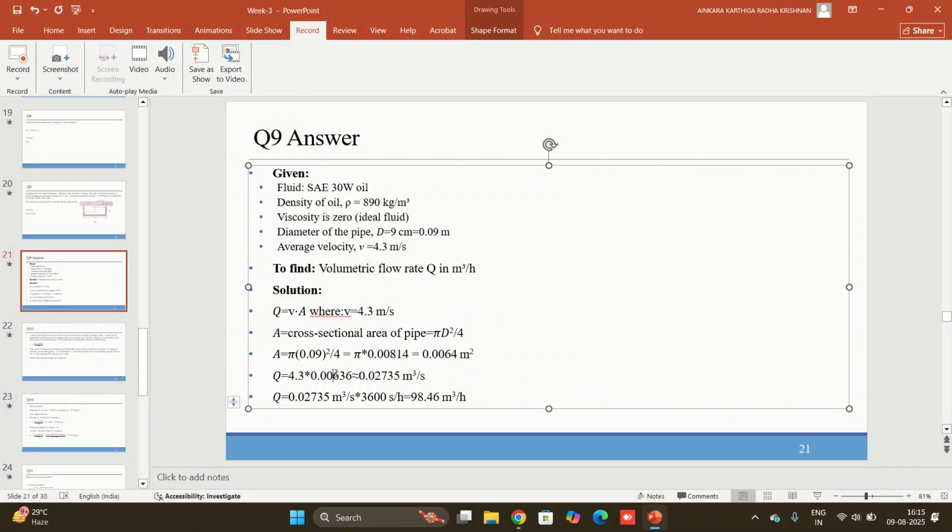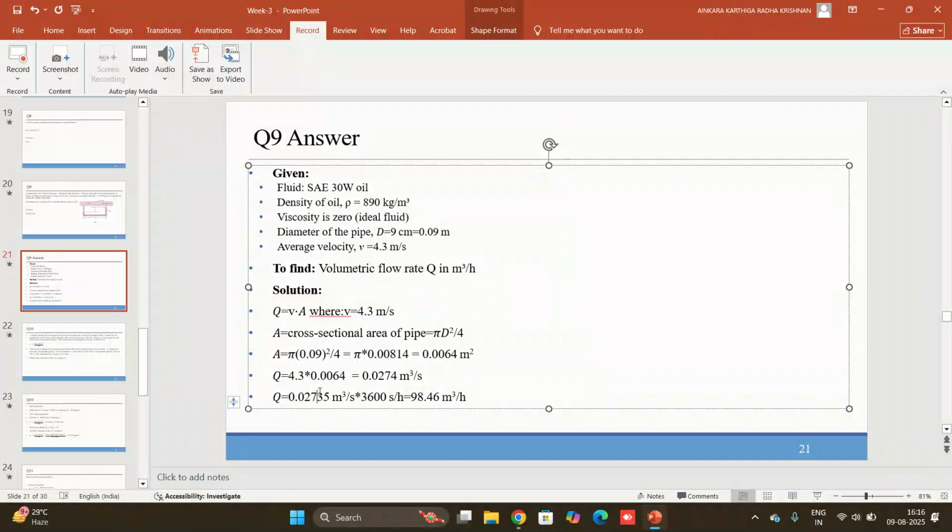Meter square. So we are substituting here 4.3, that is velocity, into 0.0064, which gives 0.0274. Better to keep 4 digits than going for 5 digits, that's why I am changing.